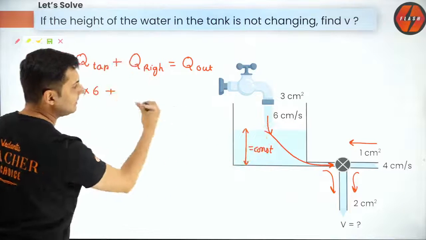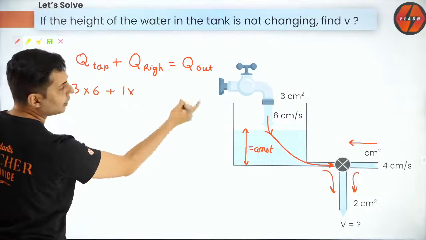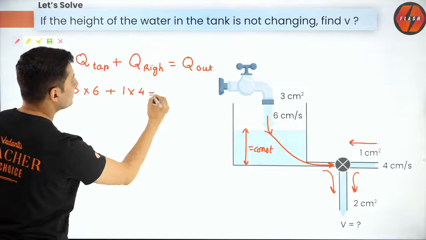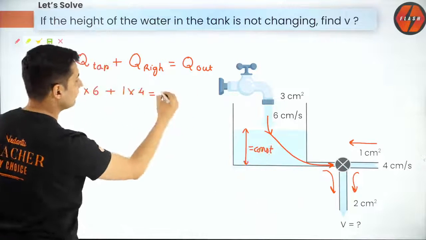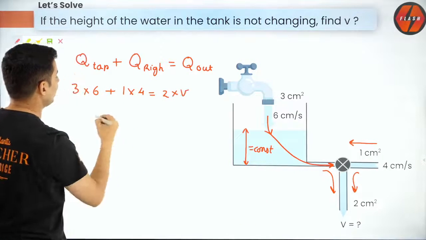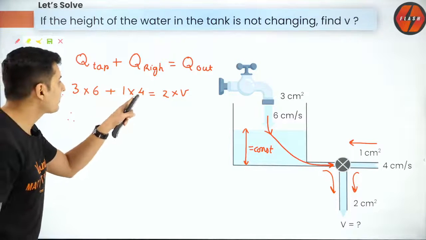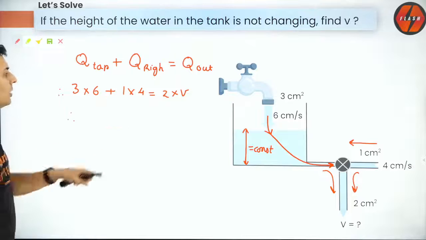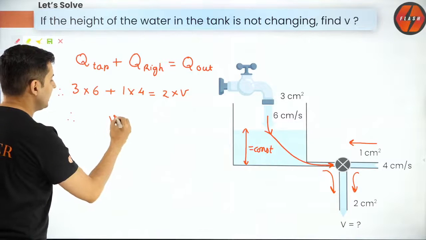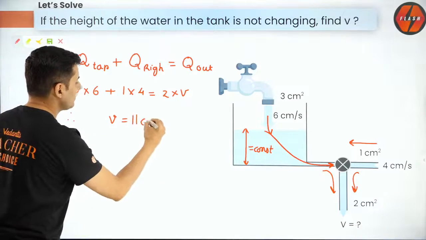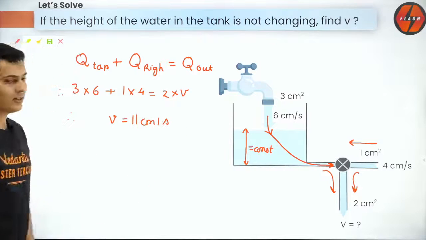Water coming from the right side is A2 into V2, which is 1 into 4, is equal to water coming out, which is 2 into that velocity. That's how my equation will look like. 3 sixes are 18 plus 4, which is 22. So 2V is 22. Naturally, V will be 11 centimeters per second. That's how you get to the answer.